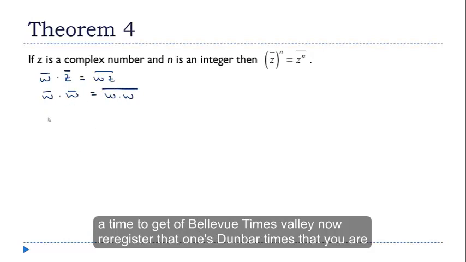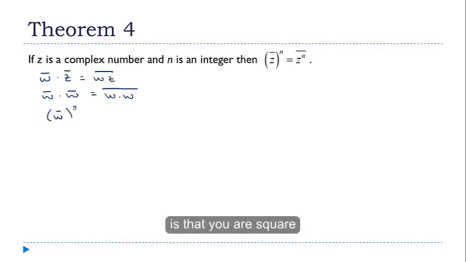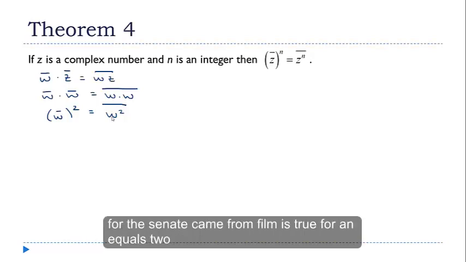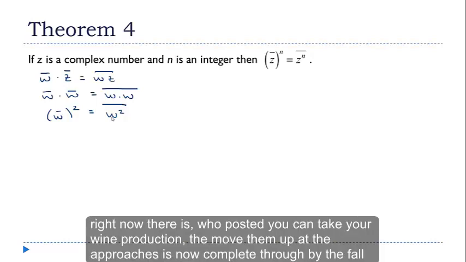Now, rewrite this with exponents. W bar times W bar is W bar squared, and this is the conjugate of the square. So you see what I've done here? I've shown that our statement is true for a specific case. I've shown that it's true for n equals 2. Now there's two approaches you could take here.